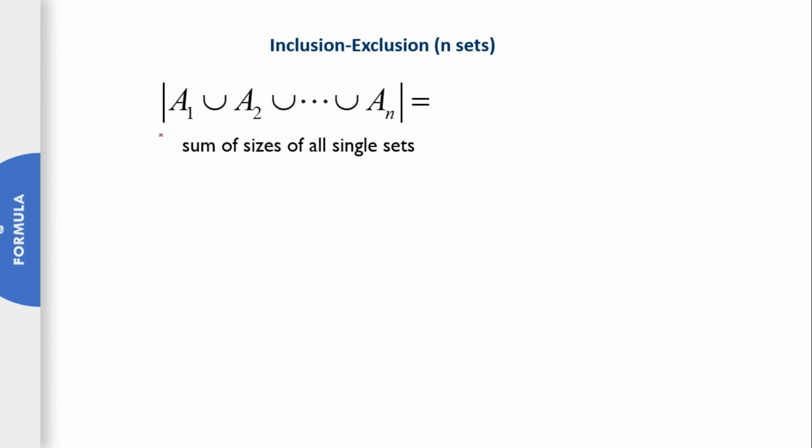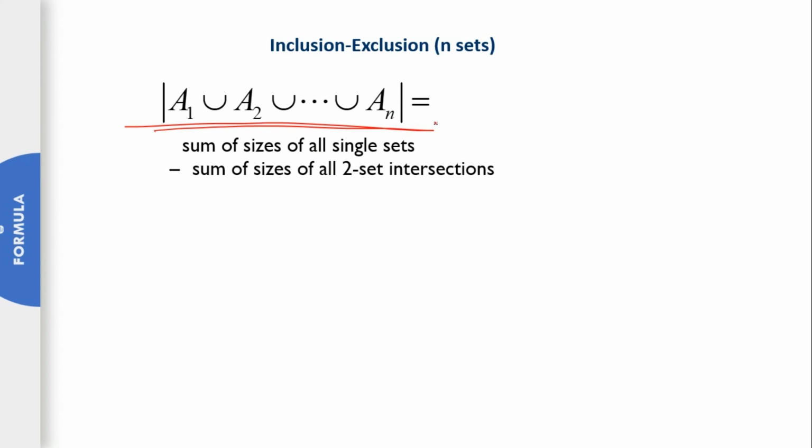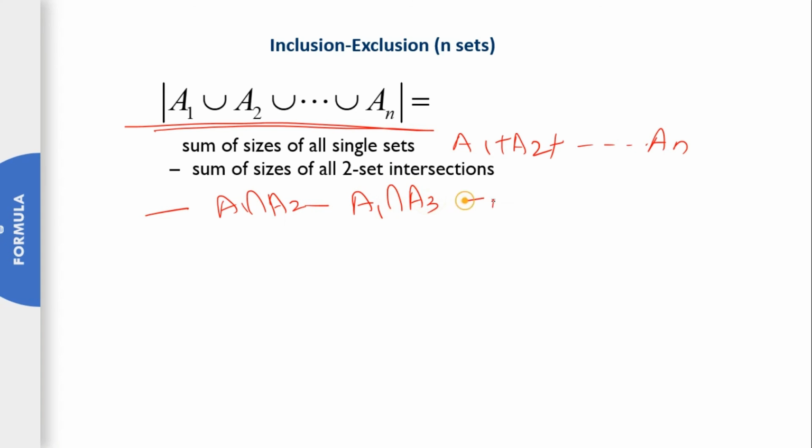So this principle of inclusion will be for A1 or A2 or A3 or so on up to An. This formula will be the summation of all of the single sets individually, A1 plus A2 plus A3 till An, then minus the sum of the sizes of all two-set intersections: A1 intersection A2, A1 intersection A3, A1 intersection A4 and so on.